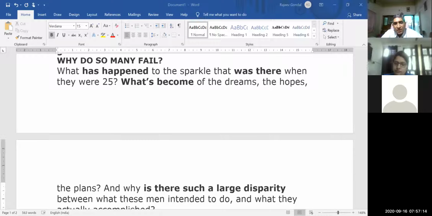Can you see my screen? Okay. If you were the Prime Minister of India, now this is in past tense. If you were the Prime Minister of India, you would be living in a big house.